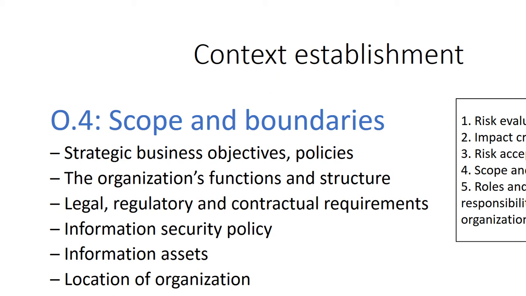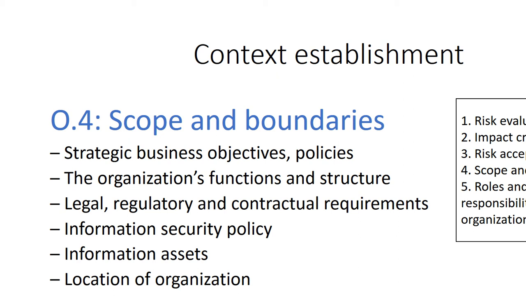The organization should consider the following information when defining the scope and boundaries. For example, the organization should know about its functions and structure. It should have a very good idea about the legal, regulatory and contractual requirements.